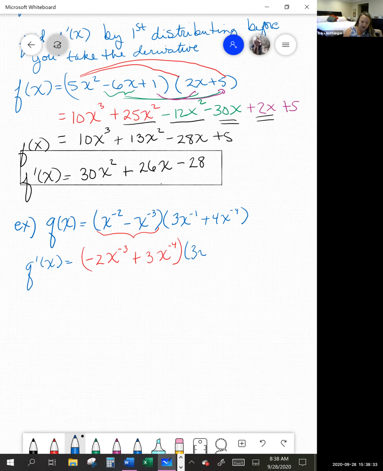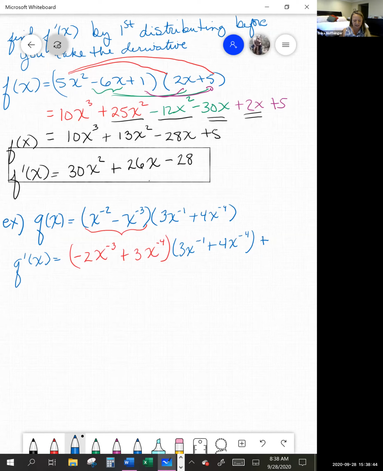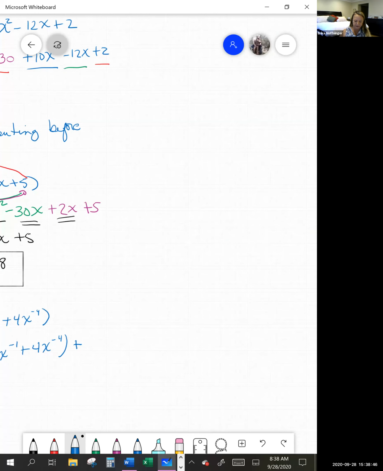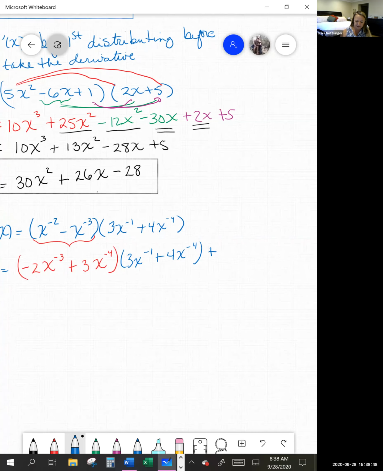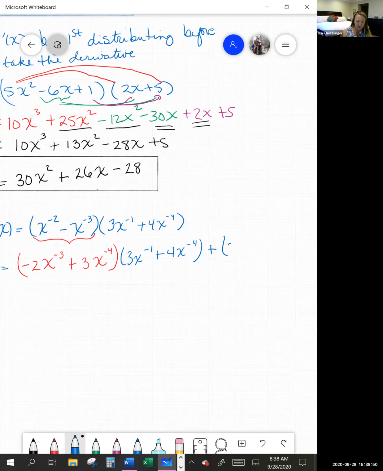So let's just rewrite it. 3x to the negative 1 plus 4x to the negative 4. Plus the first piece, first parentheses, which is x to the negative 2 minus x to the negative 3rd, times the derivative of the second. So derivative of the second, bring our power down front, negative 1 times the coefficient of 3 in front.